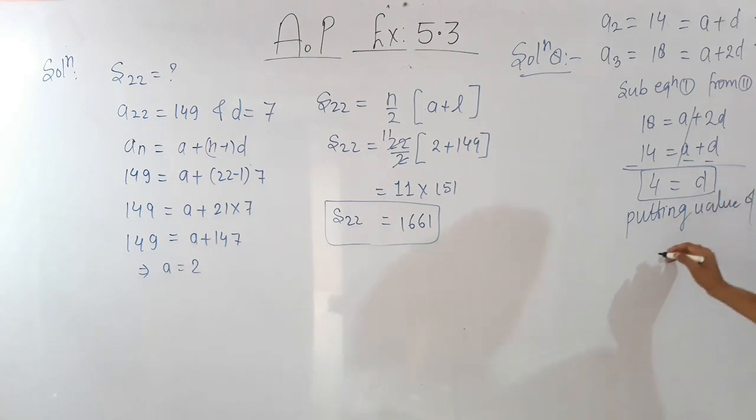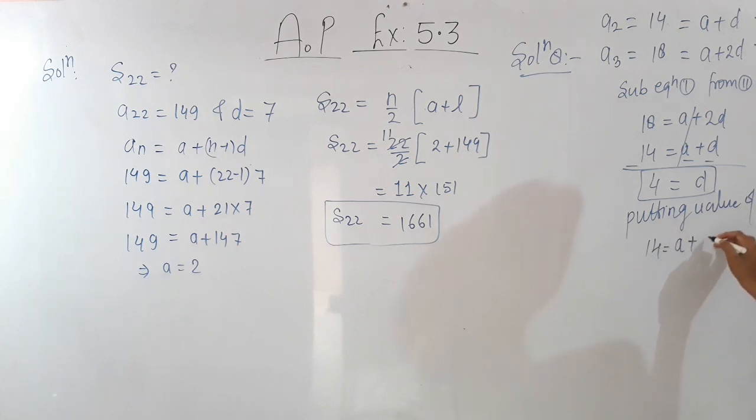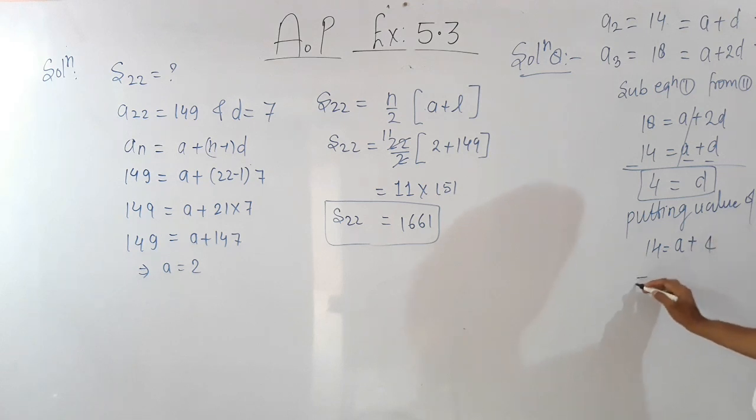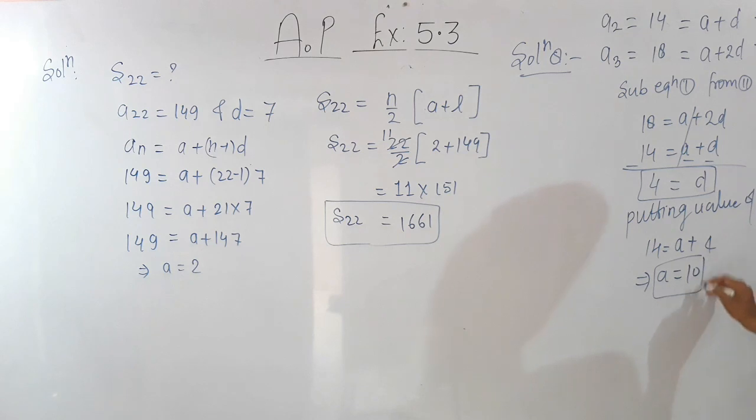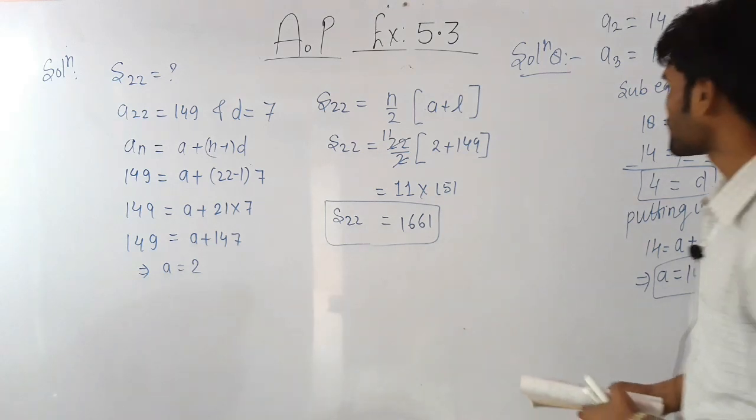Okay, it will become 14 is equals to a plus 4, because d is 4 here. So it will become what? a is equals to 10. Okay, a is equals to 10.